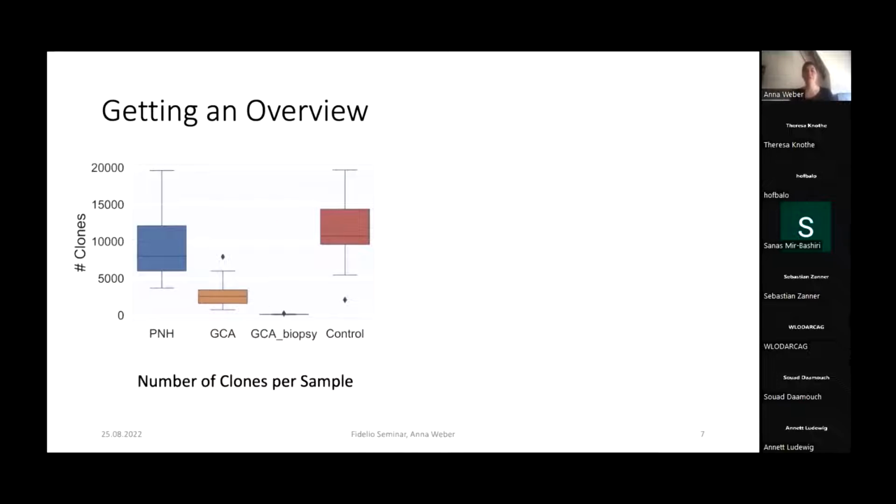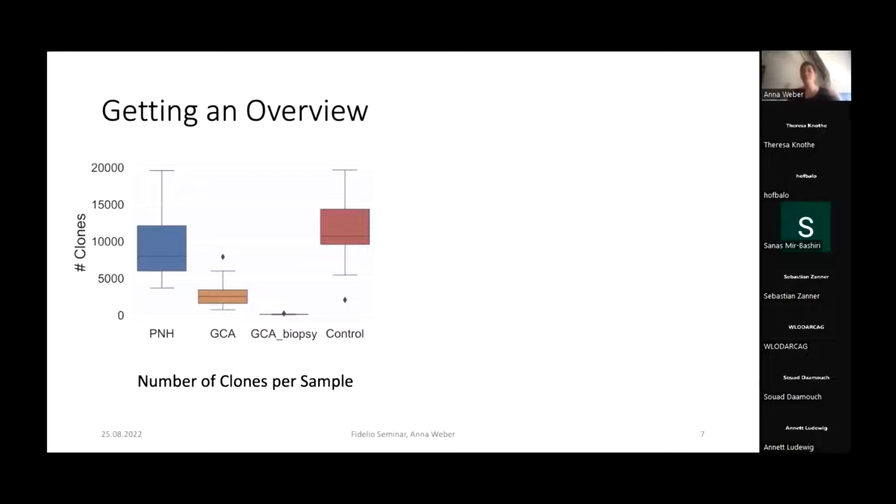And now I want to show you something where there's probably already an age-related influence that we're seeing. One very simple analysis that you can check is how many different clones we find in each of these samples. How many different clones is also a measure of the diversity of your immune system, right?